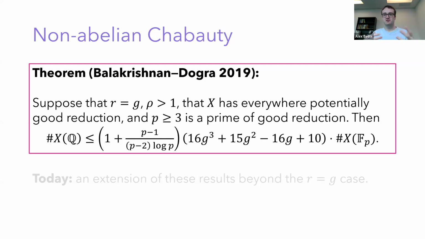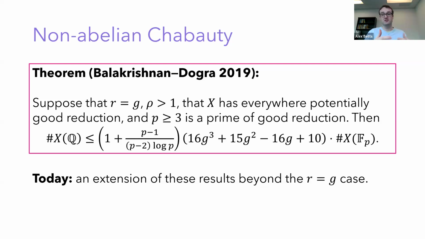And also to tell you how to extend these results beyond the case where the rank is equal to the genus, and beyond abelian and quadratic Chabauty. In order to do that, the first thing I'm going to do is describe in very broad terms what's going on with this non-abelian Chabauty method.